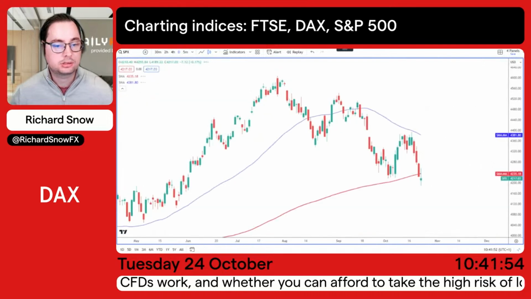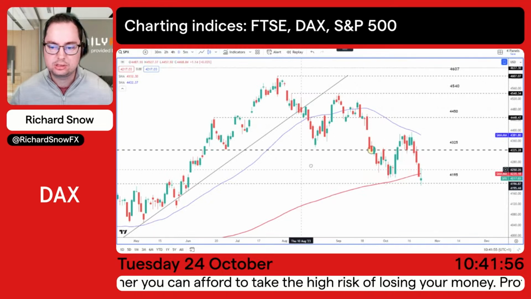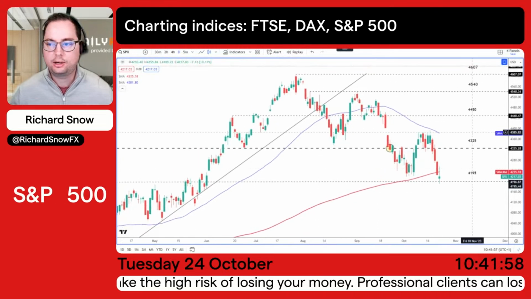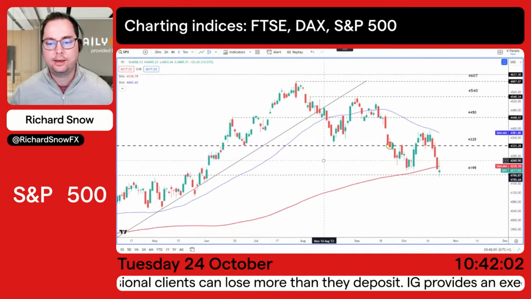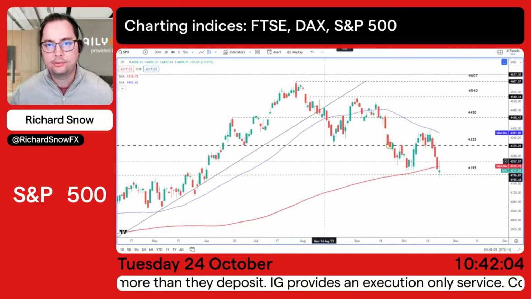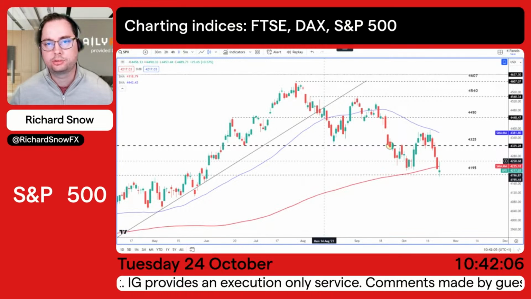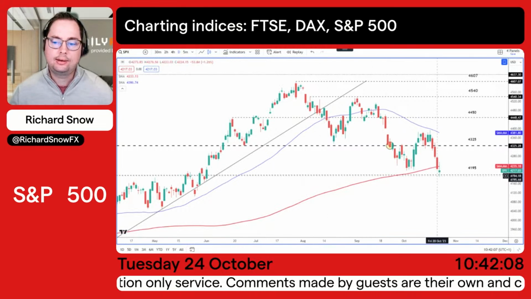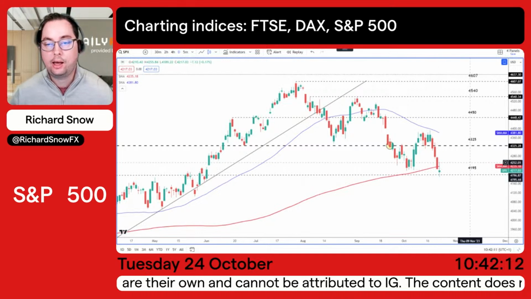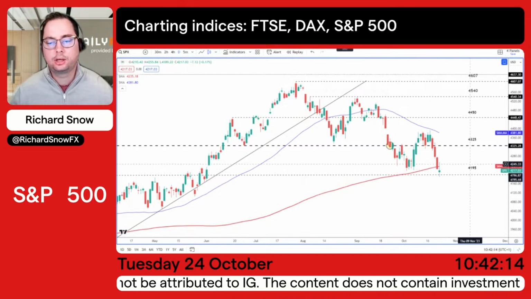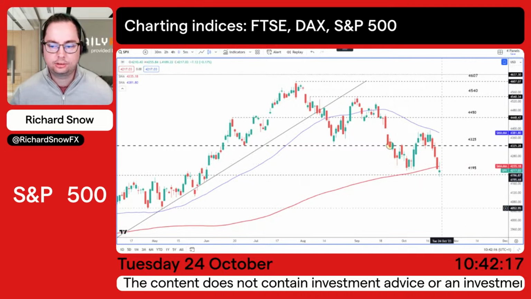If we take a look at the US indices, we've of course got quite a lot to affect US indices this week. We've got your mega cap earnings that will take place Tuesday through Thursday, I believe. And we've also obviously got the broader conflict and how that feeds into your risk appetite going forward.